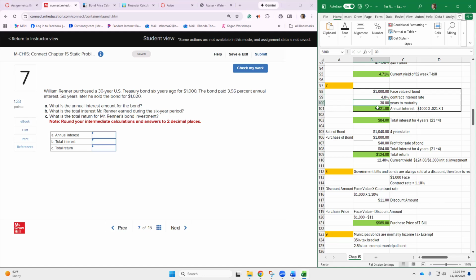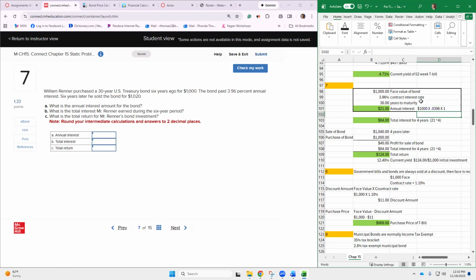I want to calculate the annual interest, right? The annual interest. And what did this 3 point... See, it's rounding my percentage. I need to make it... There we go. So now I am going to calculate how much annual interest I'm going to receive. So times 0.0396.